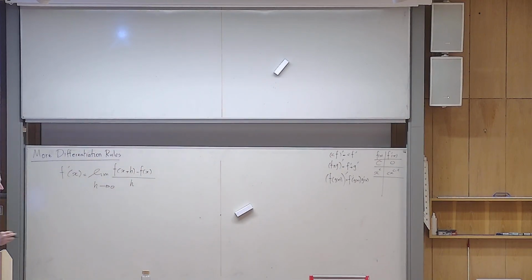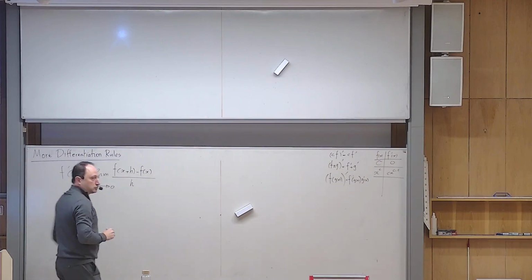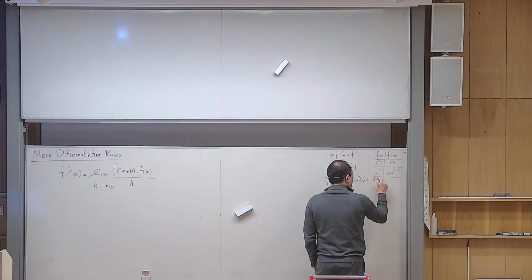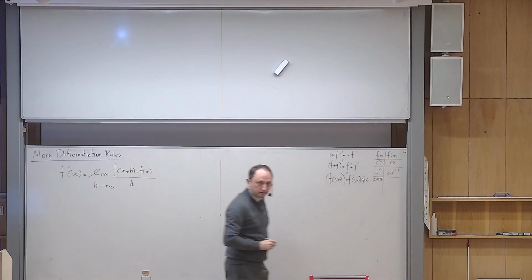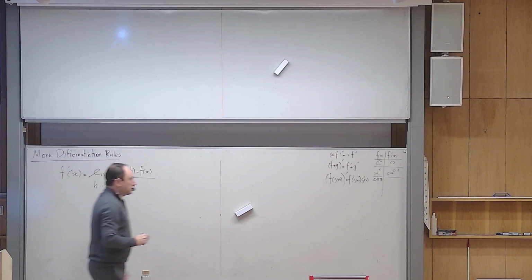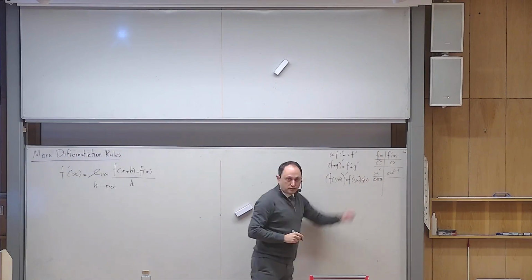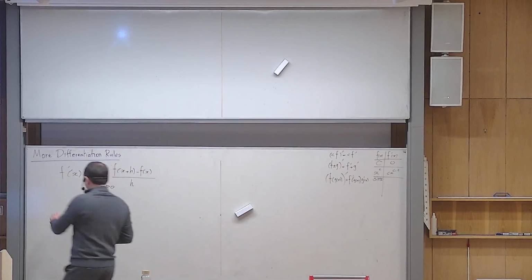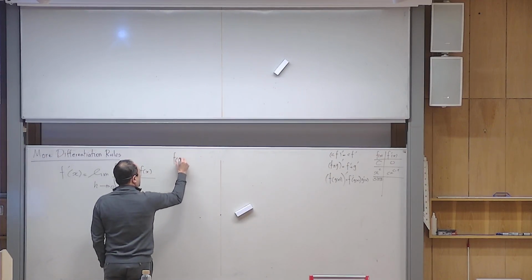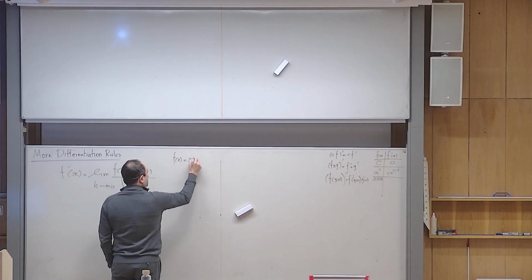Okay, so the first thing is that we want to talk about trigonometric functions. The first thing that we want to discuss is what happens if I have sine x here. And we want to answer the question, what is the derivative of the sine function? So here I would say that f of x is sine x.